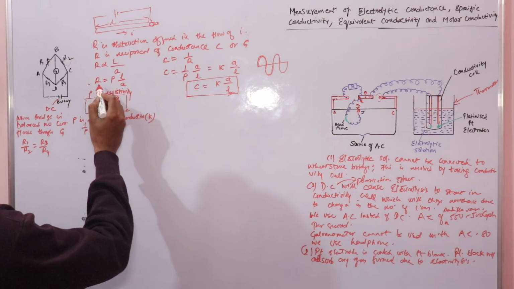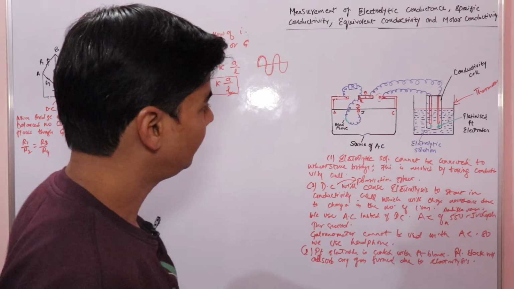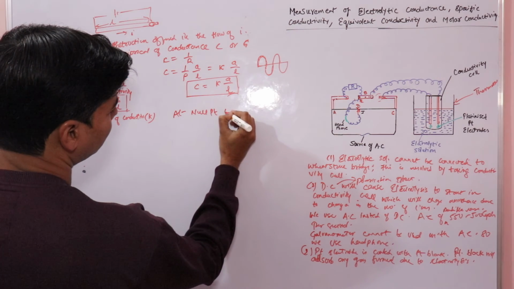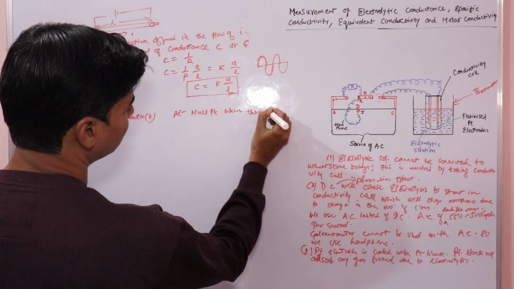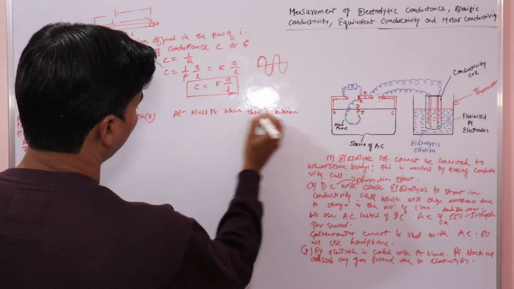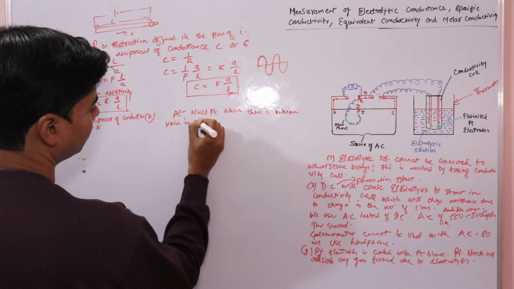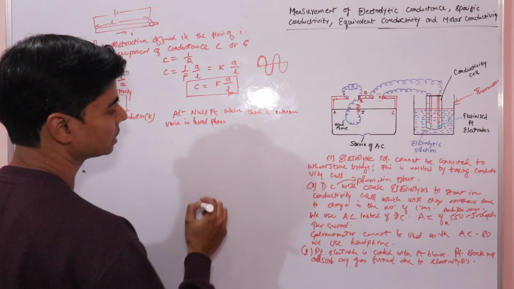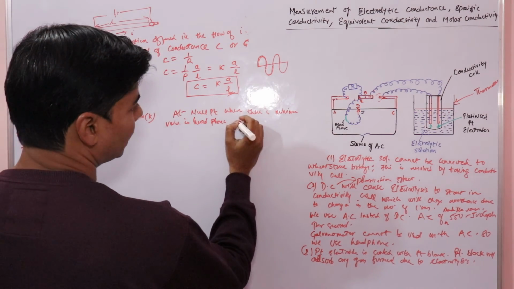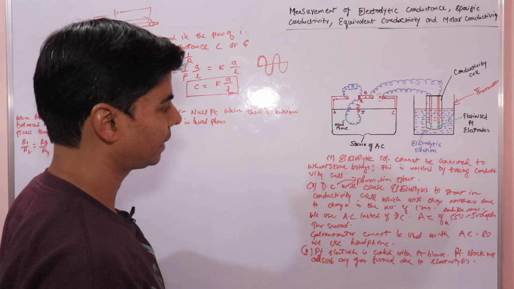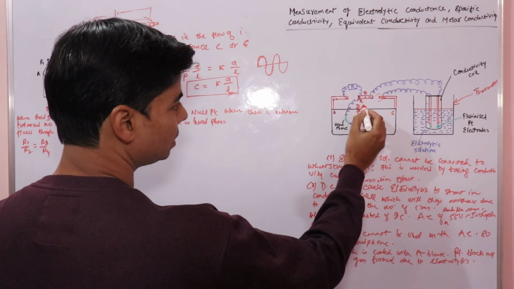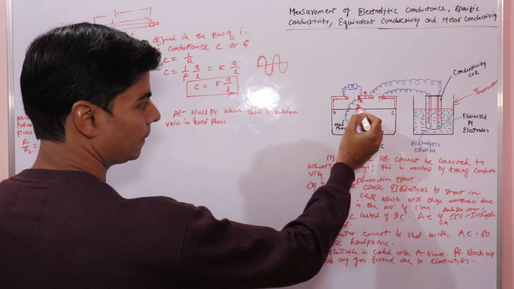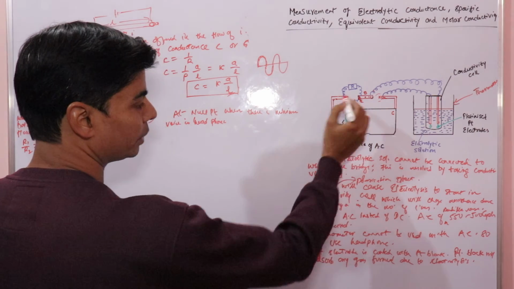This is as per the formula. If you remember, resistance is directly proportional to length. At the null point, when there is minimum voice in the headphone and there is no current or less current flowing through it, the potential difference between these two points is 0, or we say the potential is the same between these two points.